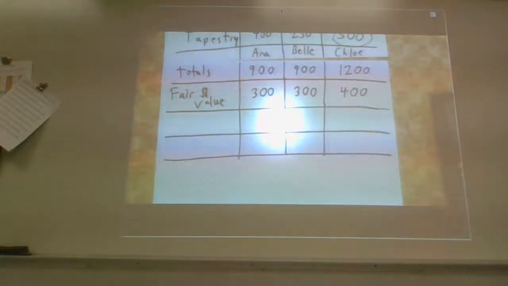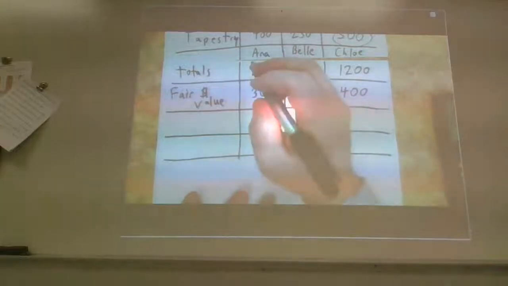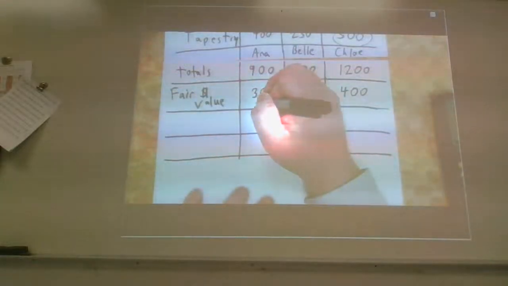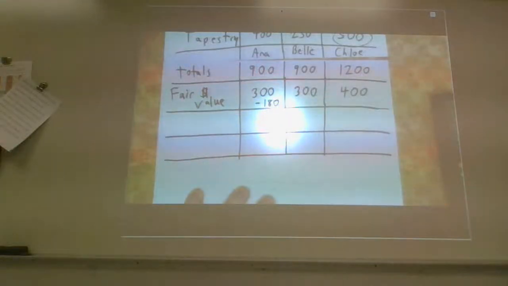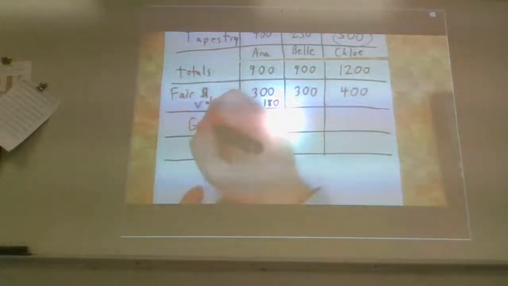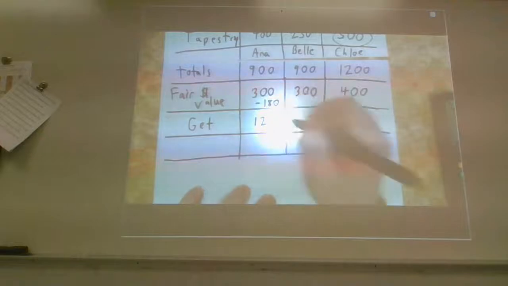How much money? 120. Yeah. Basically, fair dollar value minus the amount that they got. In this case, Anna got 180. So she is going to be getting 120.